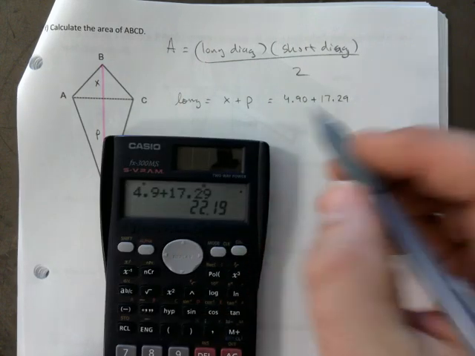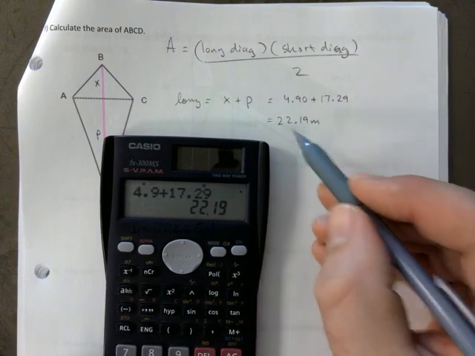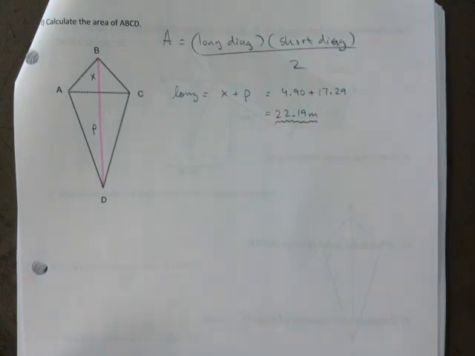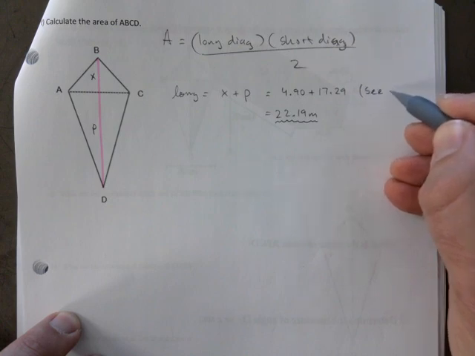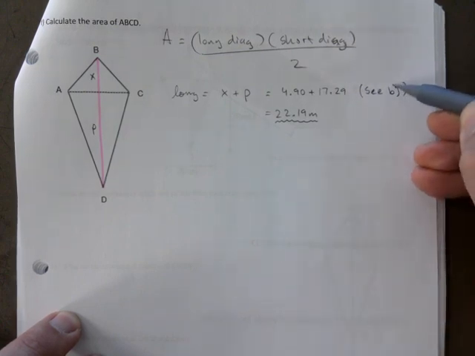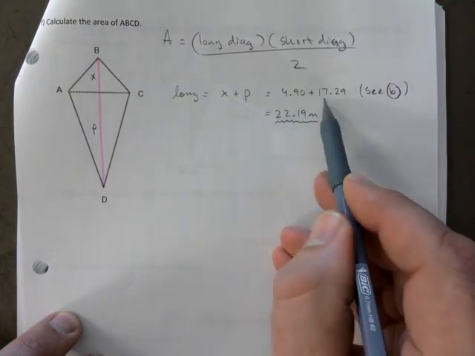So it's 2219. I'm just going to underline it like that because it's important. I'm going to just put in brackets C, B, on previous page. That's how I got these numbers.